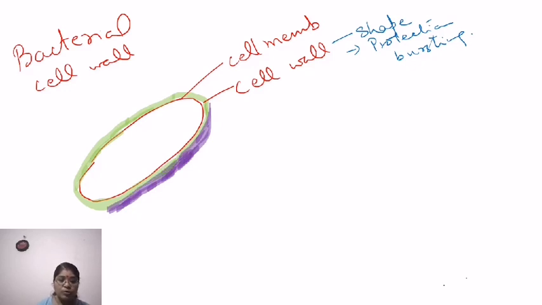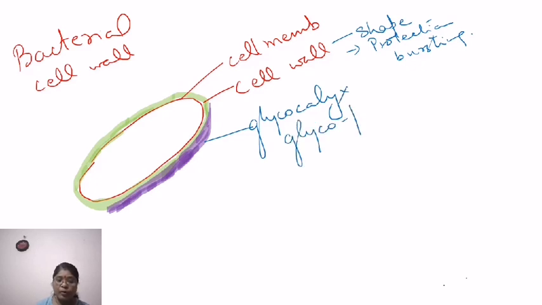This coat is called the glycocalyx, and it is made up of carbohydrate and protein.